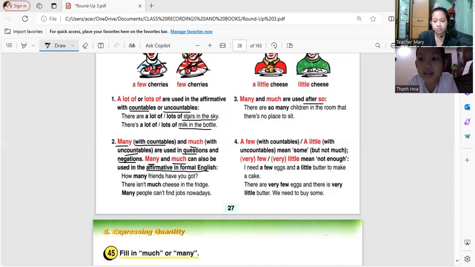Okay, can you please read? There are so many fruits in the table. Very good. How about this one?